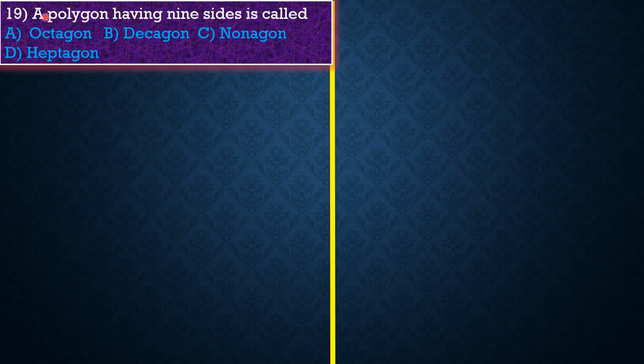Octagon means it has 8 sides. Decagon means it has 10 sides. Nonagon means it has 9 sides. Heptagon means it has 7 sides. So please, option C has to be the best option, not option D.